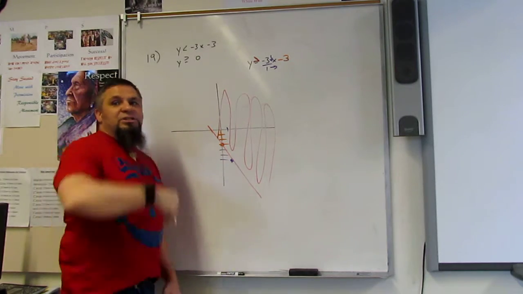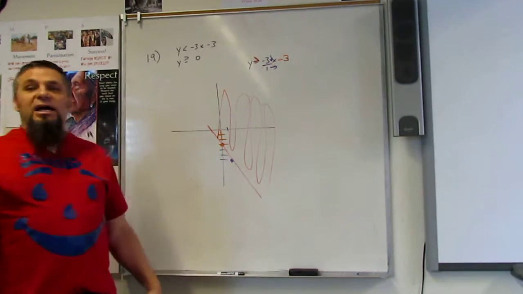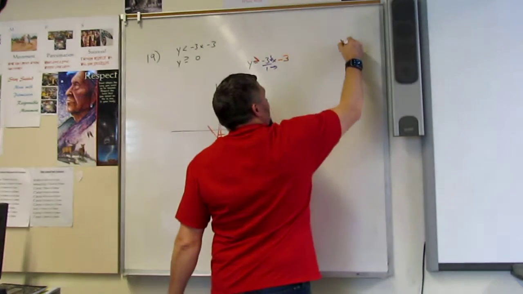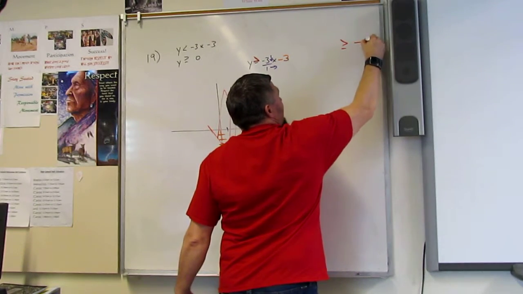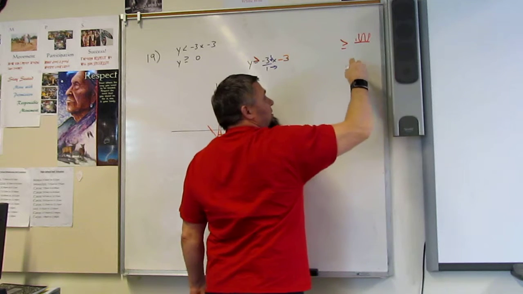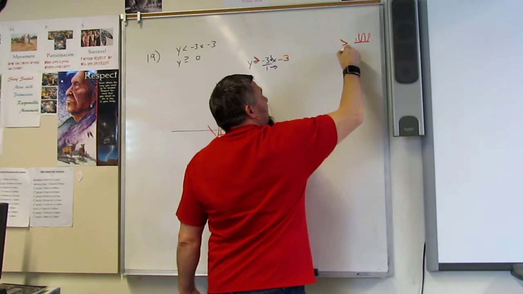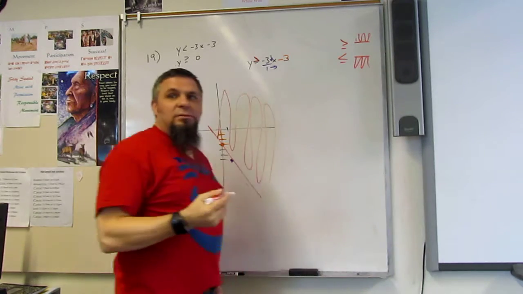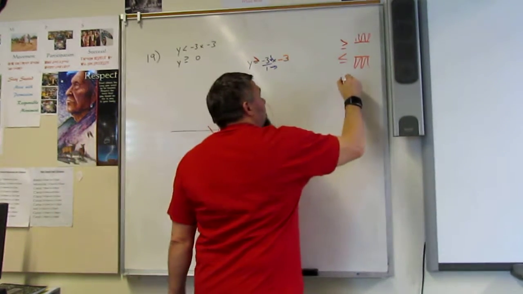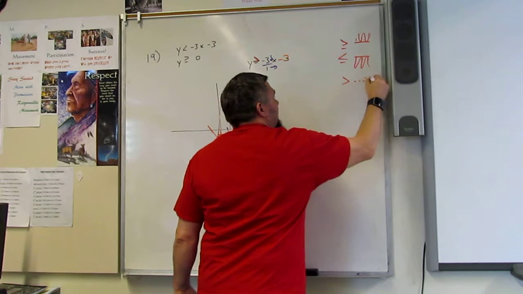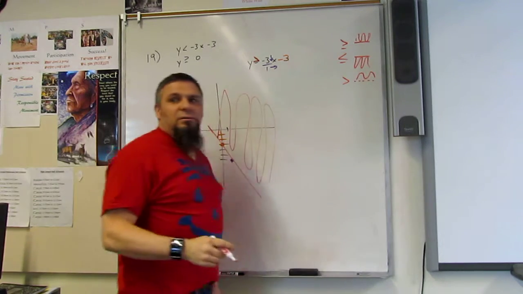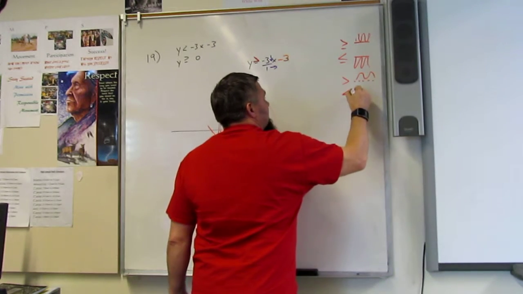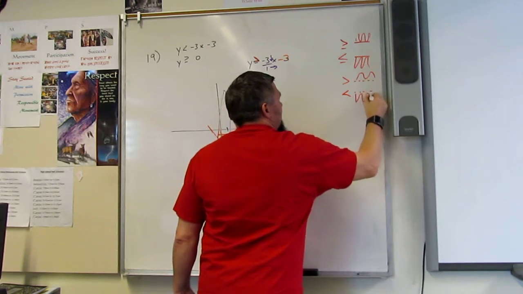If it's greater than, I shade up. If it's less than, I shade down. It's really easy. Greater than or equal to is a solid line that I shade up on. Less than or equal to is a solid line that I shade down on. Greater than is a dotted line that I shade up on. And less than is a dotted line that I shade down on.